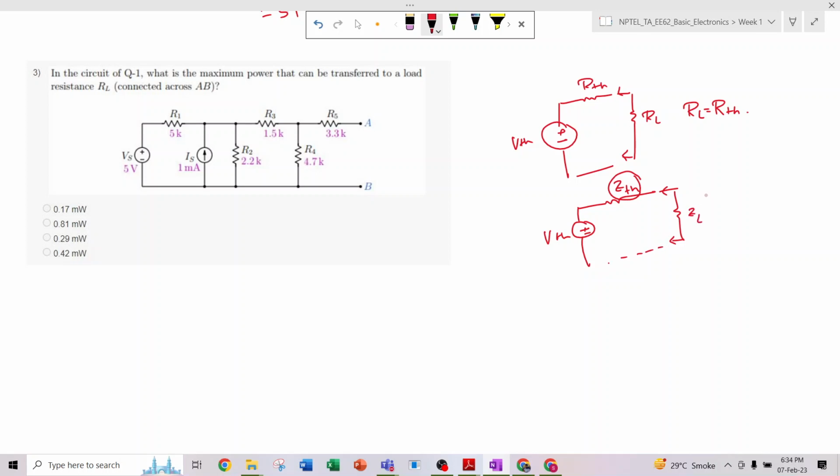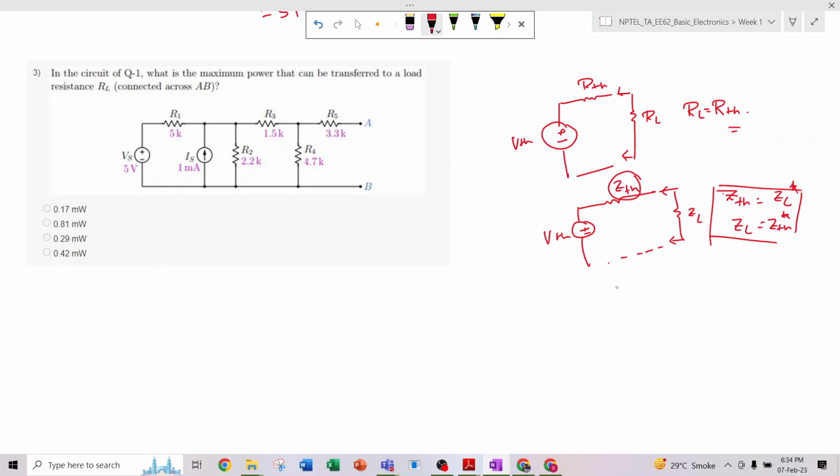Always remember that this Thevenin equivalent resistance will be the complex conjugate of the ZL, or in the other way we can say that ZL will be the complex conjugate of the Thevenin resistance. Don't remember RL equal to RTH, because it is a specific case. Suppose instead of a complex number it is a real number.